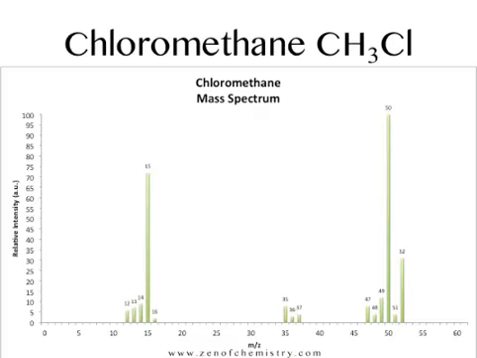Let's look at that mass spectrum. There's our 50, there's our 52, and because we have 75% chlorine-35, that makes the 50 peak quite large, and our chlorine-37 causes the 52 peak to be about a third of the size.